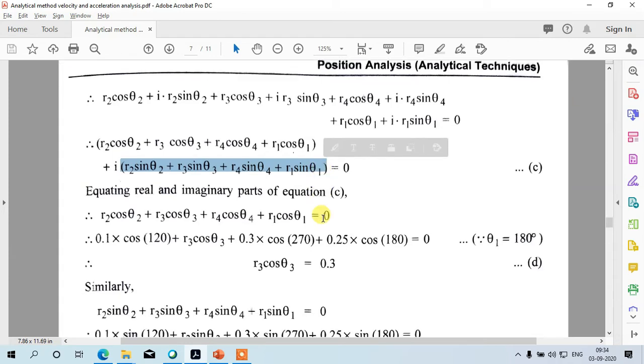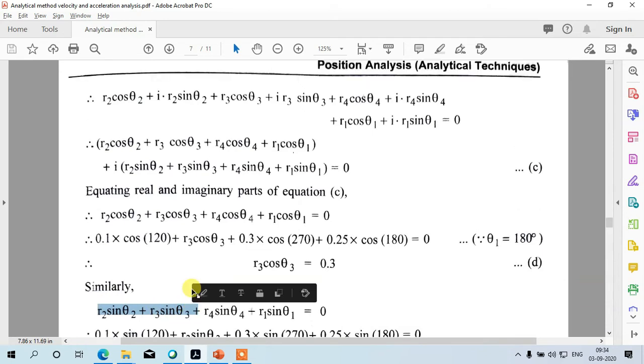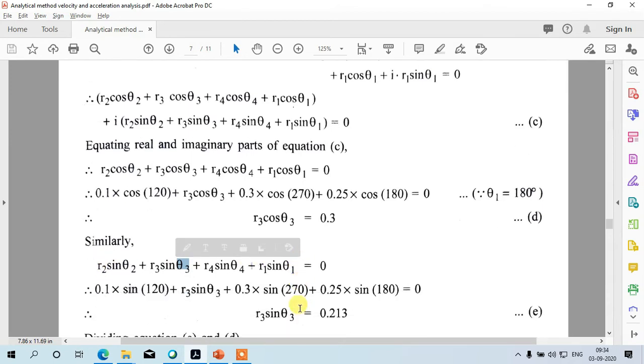Comparing the imaginary parts, we get r2 sin theta 2 plus r3 sin theta 3 plus r4 sin theta 4 plus r1 sin theta 1 is equal to 0. Now in this equation also r3 and theta 3 are unknown, all the other things are known, so just substitute the values. So we get r3 sin theta 3 is equal to 0.213.